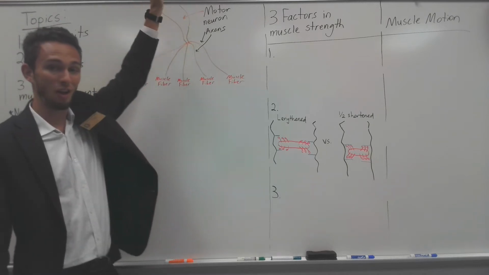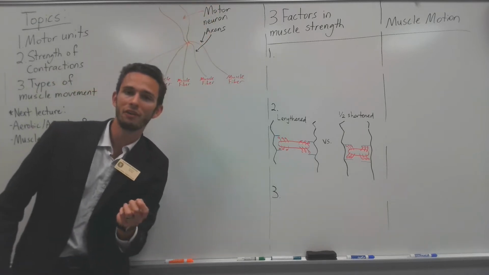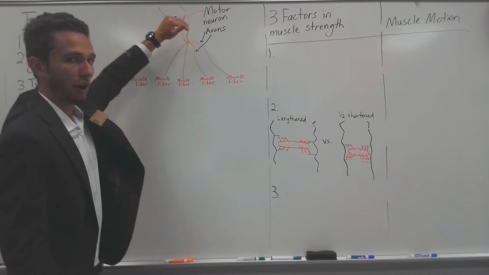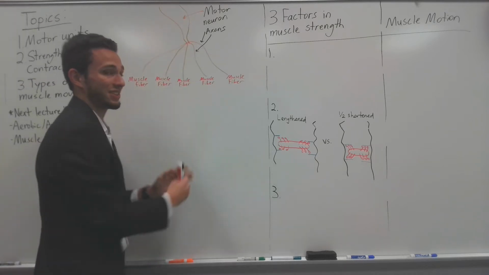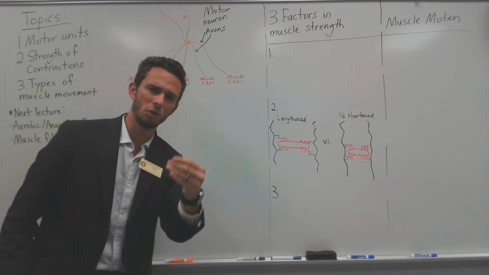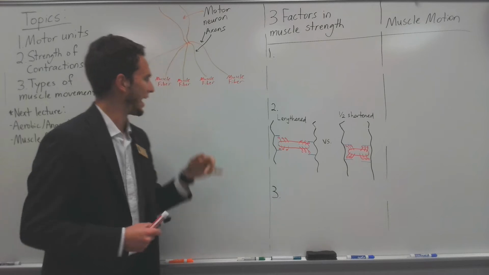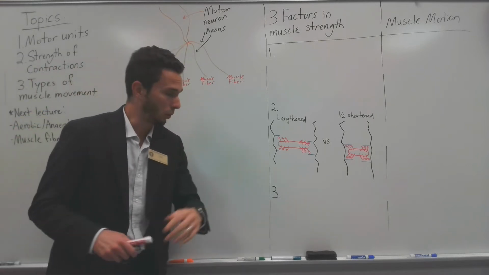And we are going to tell muscle fibers, muscle cells, to contract. In reality, one motor neuron could potentially control several dozen to several hundred muscle fibers at once. So what makes the difference if it has a few branches versus a ton of branches? We're going to talk about that.